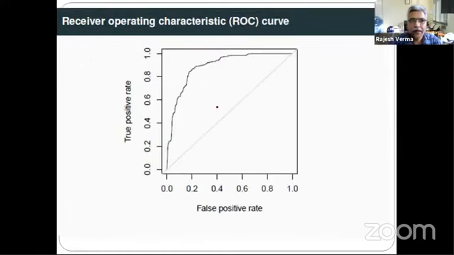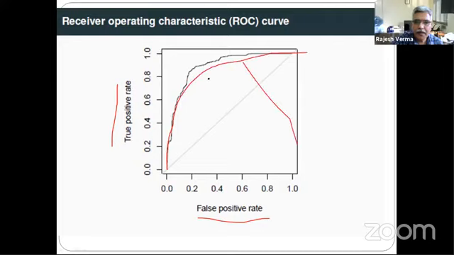Another criterion that evaluates the performance of a logistic regression model is the receiver operating characteristic curve, the ROC curve. The ROC curve shows the false positive rate on the x-axis and the true positive rate on the y-axis, and this ROC curve has an area.